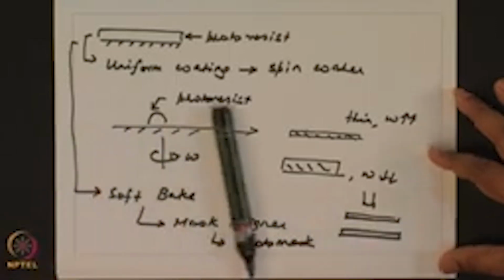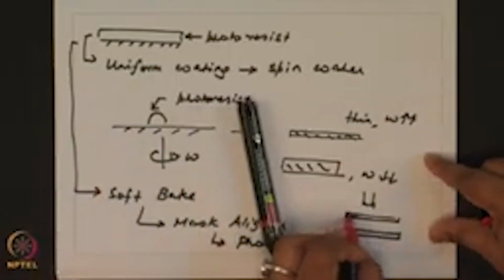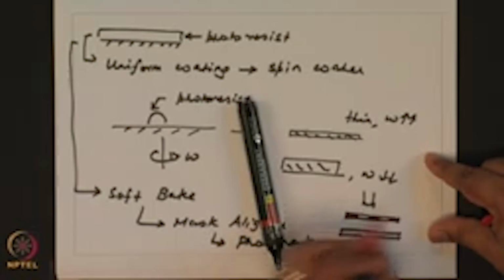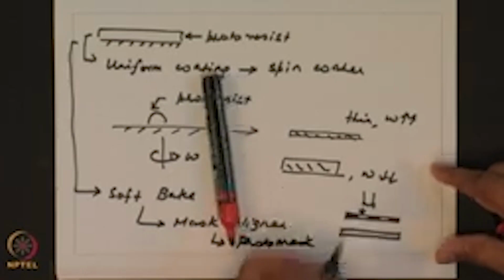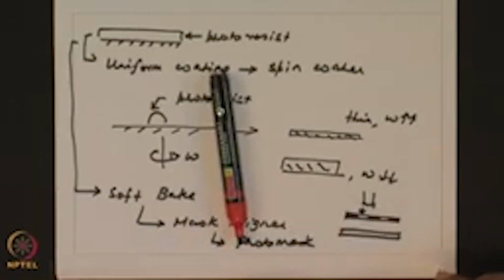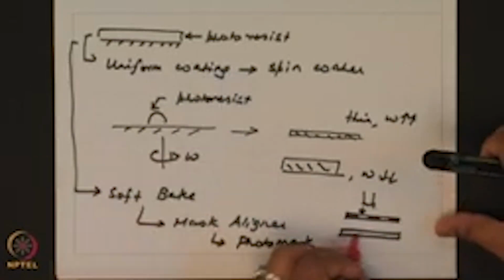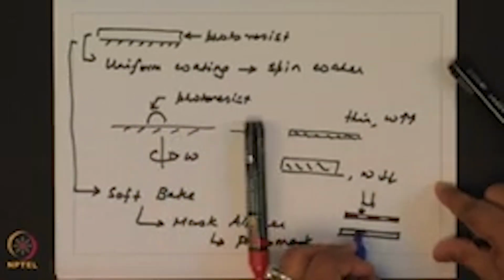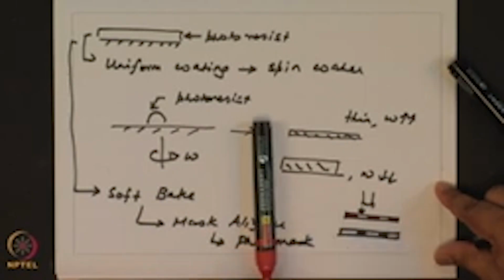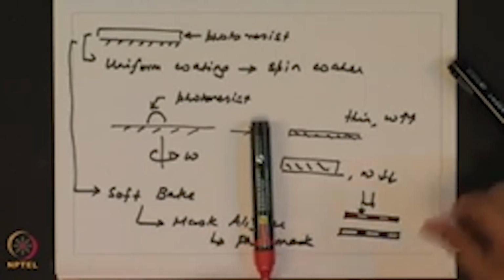The mask has selective zones through which light might be able to pass, and selective zones which block the light. So if this is a photoresist, this zone is getting exposed to the light, these two zones are getting exposed to the light, and these three zones are not getting any light exposure.